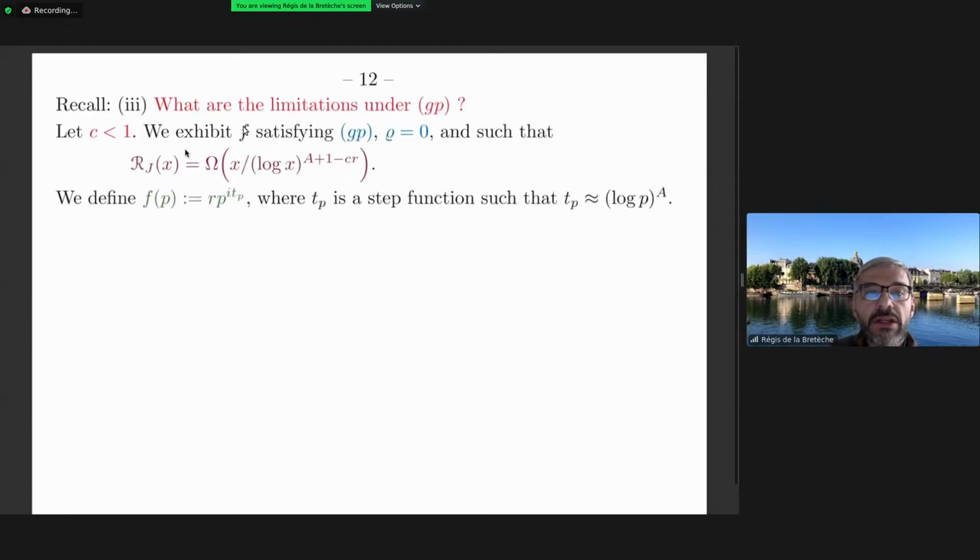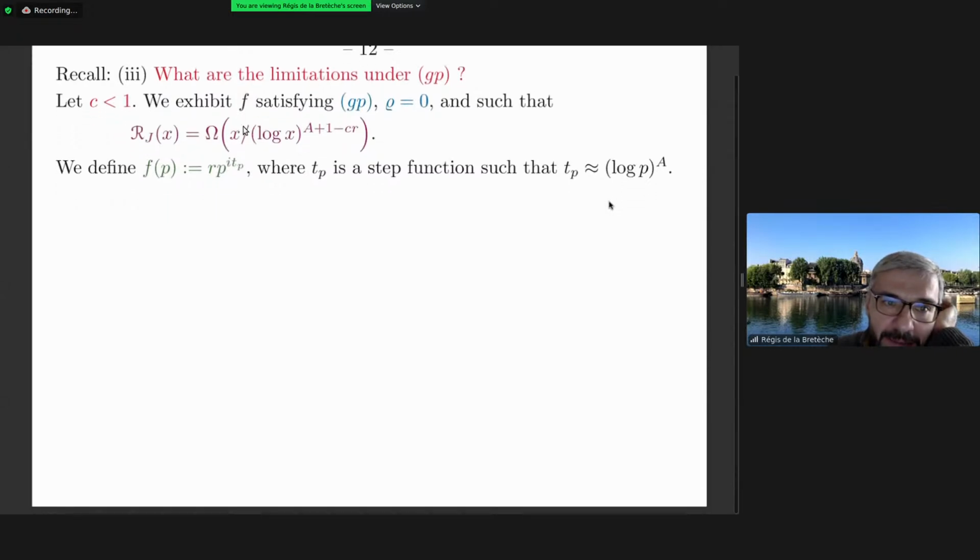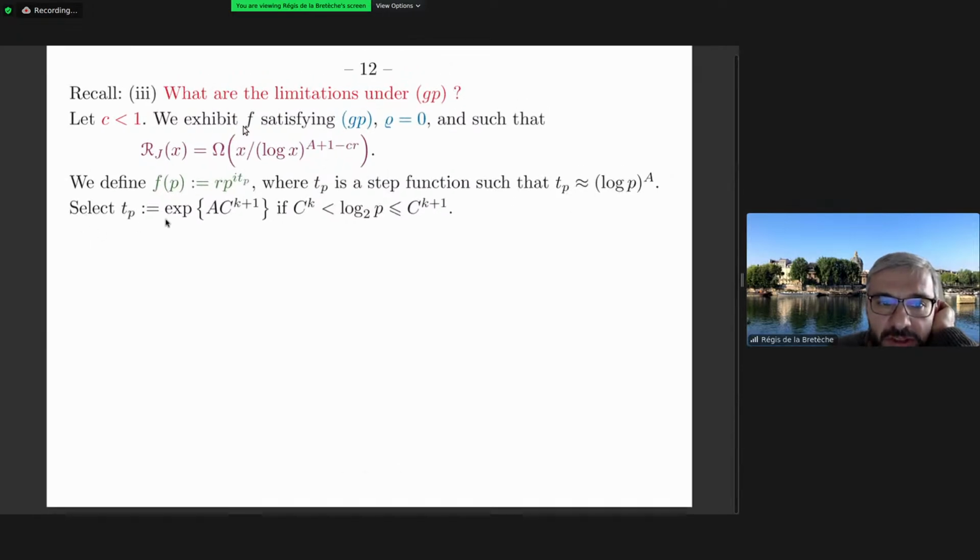Okay, so for this example, we choose f of p defined as R times p power i t_p, and t_p is a step function which has the order of log p power A. So we can define such a function assuming, for example, that t_p is constant in a large interval.